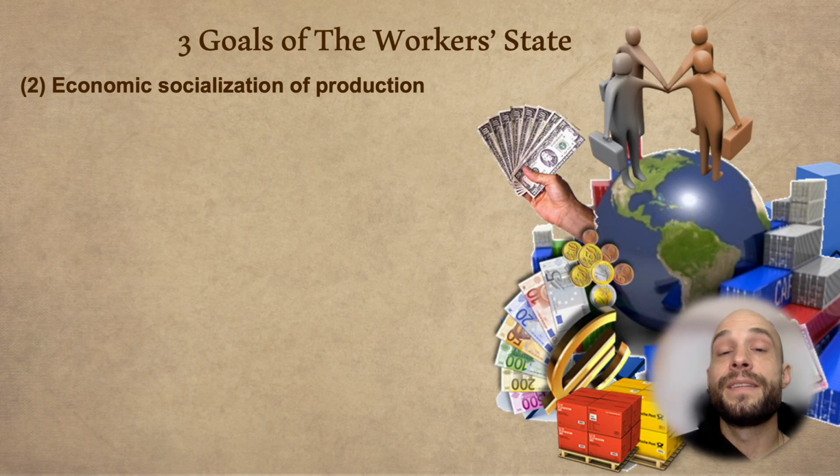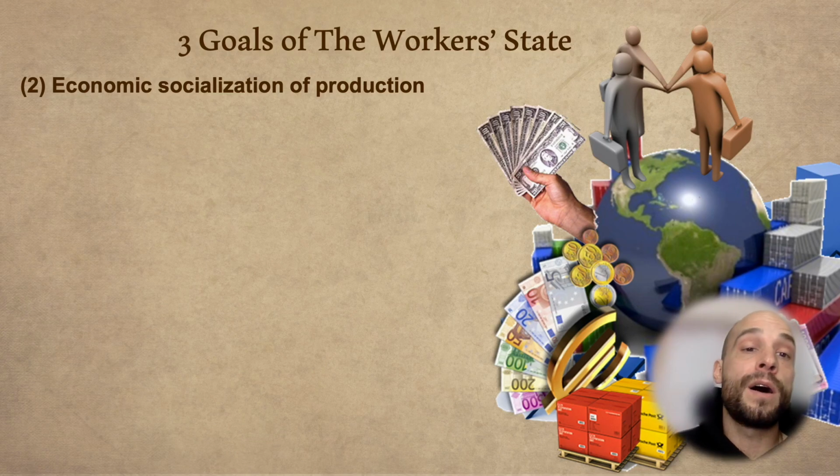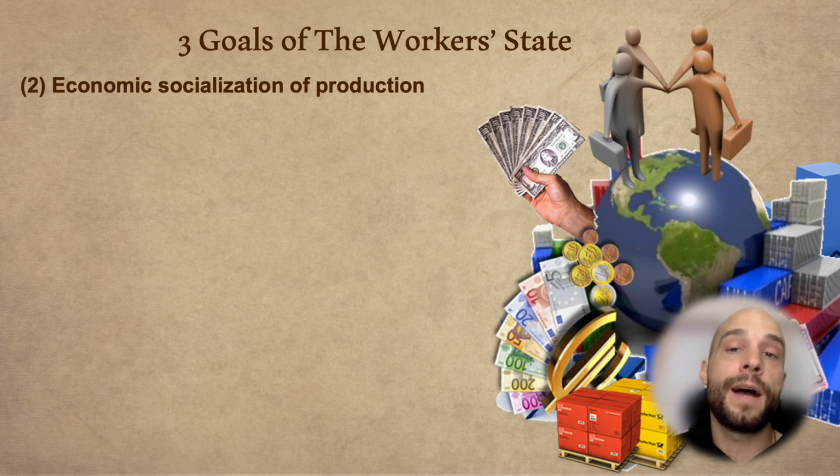Now let's move on to the second goal of a worker state, the economic socialization of production. For Avineri, this is not about inventing an entirely new economy from scratch. It means taking what capitalism has already produced, its productive forces, industrial networks, and socialized labor, and transforming them so they serve society rather than being ruled by the logic of private profit.